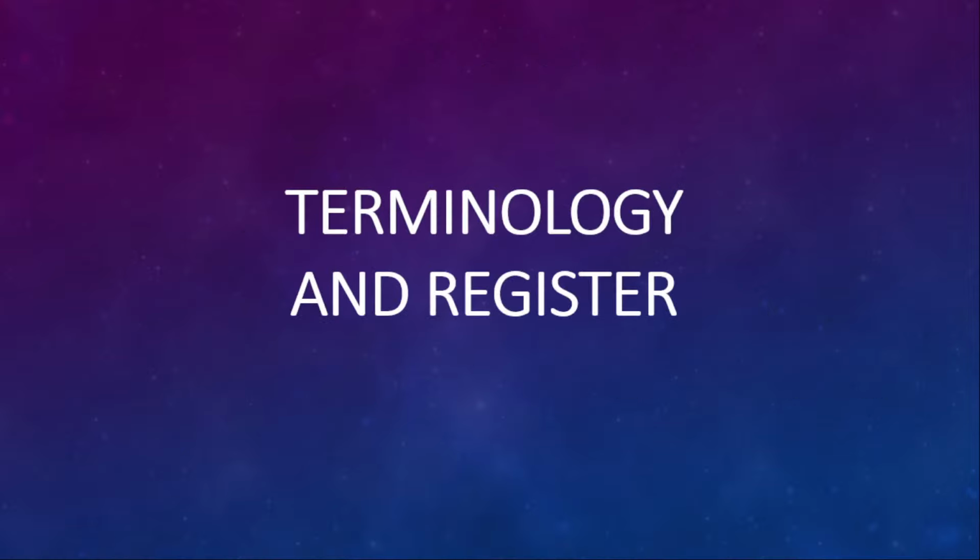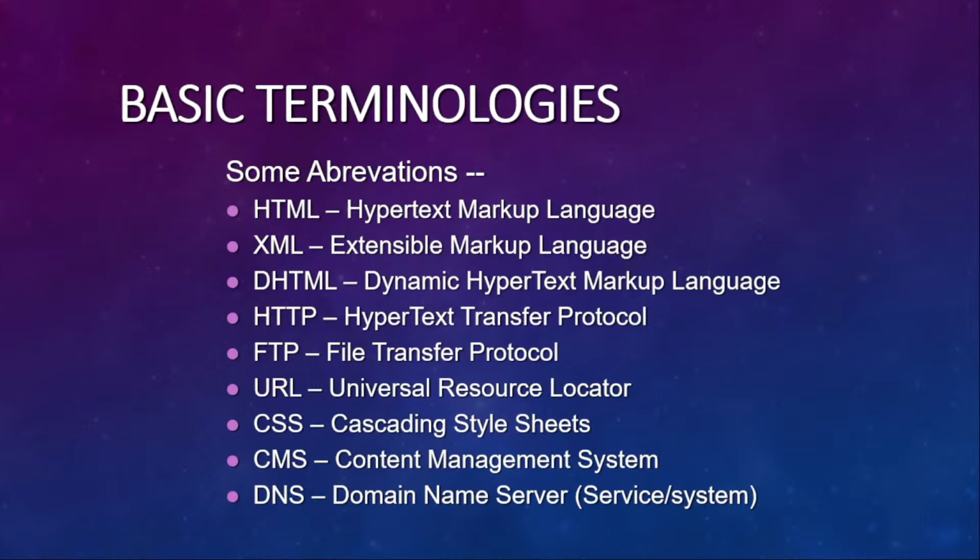Now, let's look at terminology and register. We have a few basic terminology that are very common. There are many of them. I'm going to drop a dictionary for you so that you'll be able to understand a register. We call it an ICT dictionary. All those register and terminology are there.